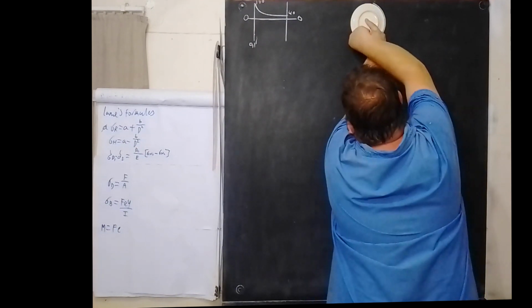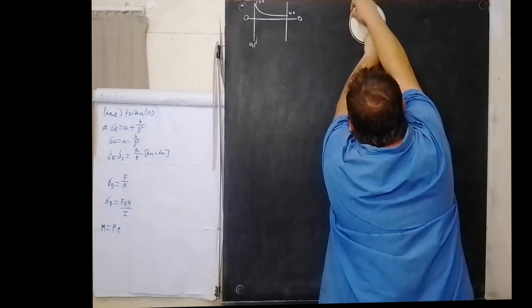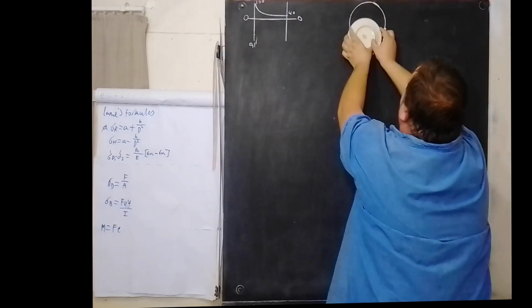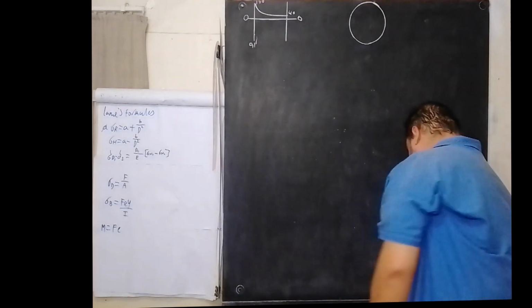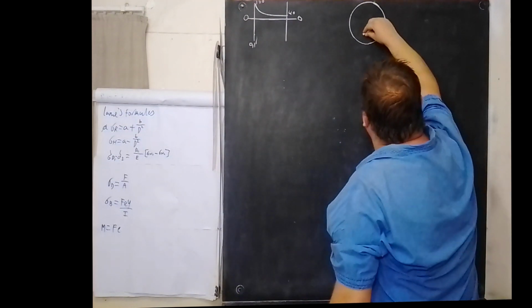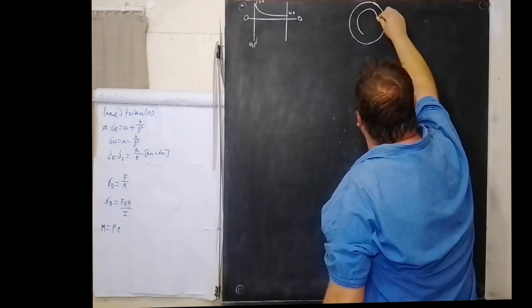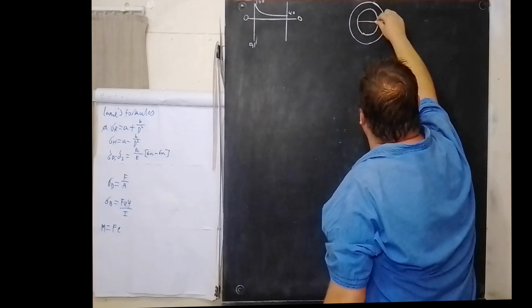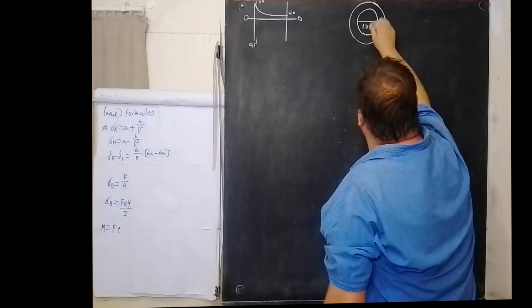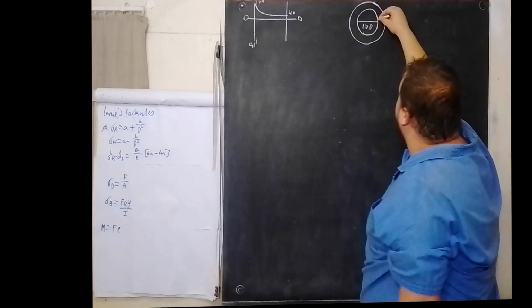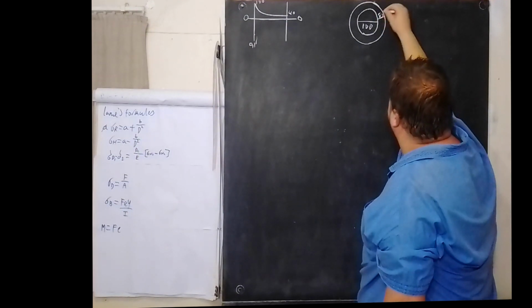Now what we're going to have to do is draw the diameters of the cylinder. So what we have here is 100 millimeters, and from there to there is 50.